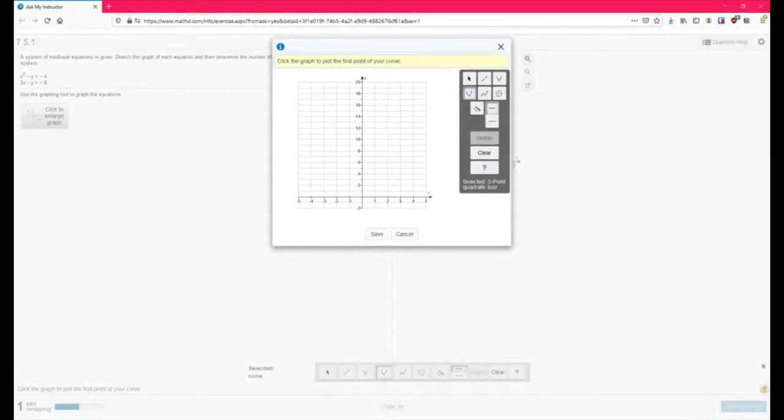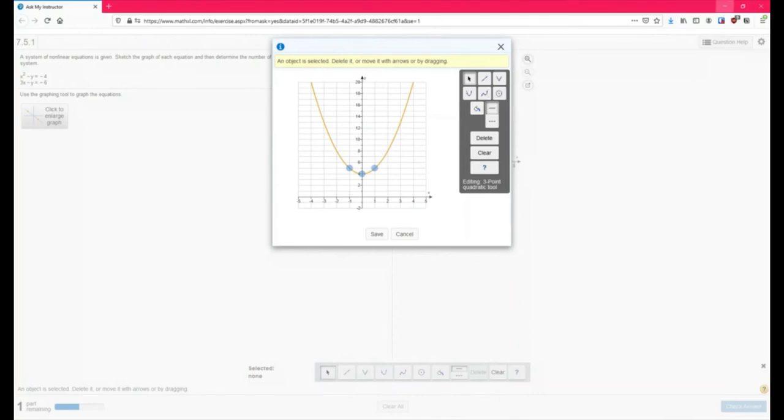So I selected that 3-point quadratic tool, and I'm going to click on 0, 4, 1, 5, and -1, 5. Those are the 3 points that I found, and then it drew the rest of the pattern of the quadratic. And then I want to draw the straight line.